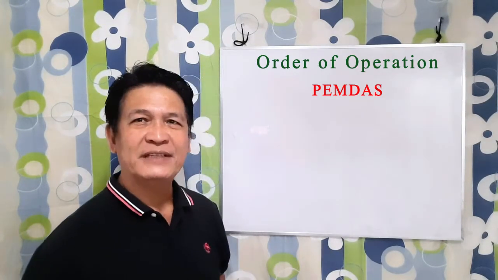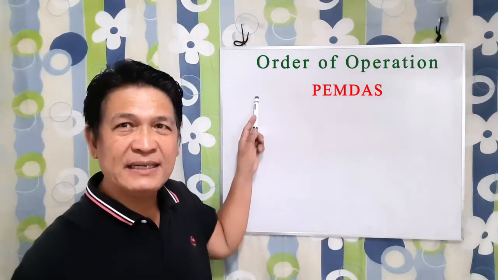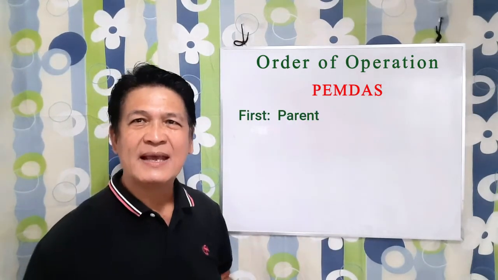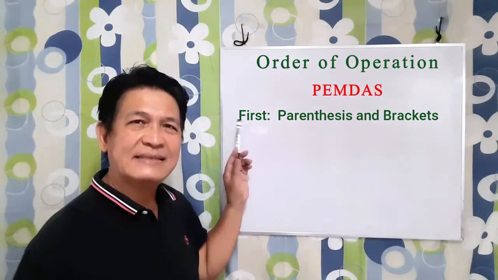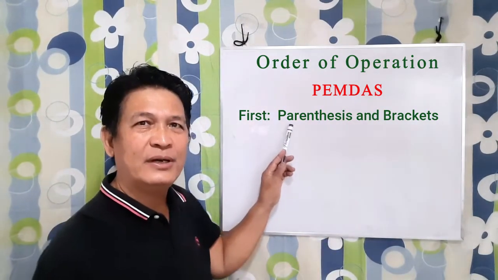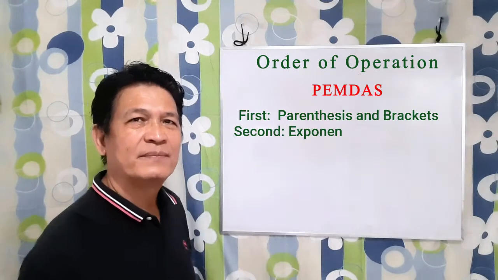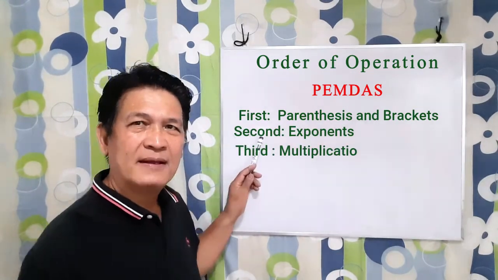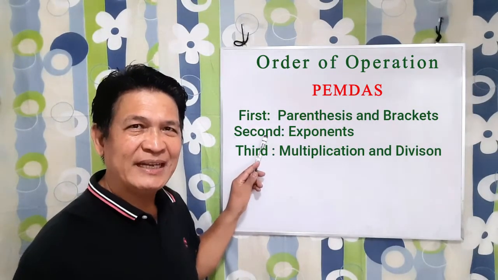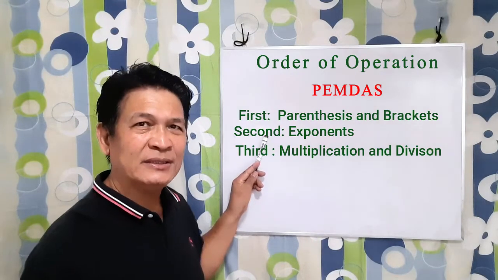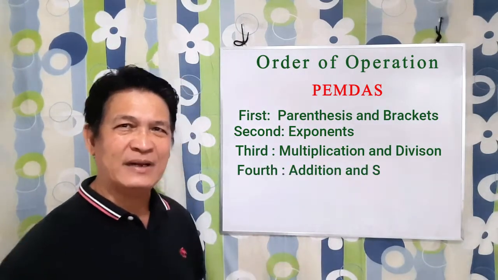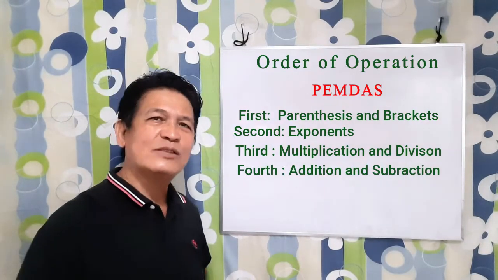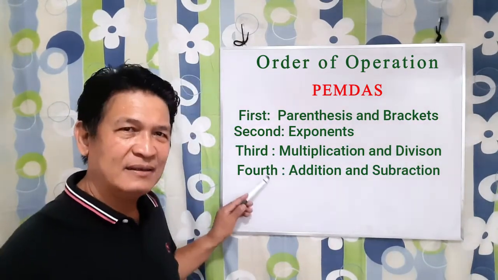The first in order is the P, which means parentheses and brackets. The second one is E, which stands for exponents. The third one is multiplication and division. The next one is addition and subtraction. Let's discuss one by one what these are.